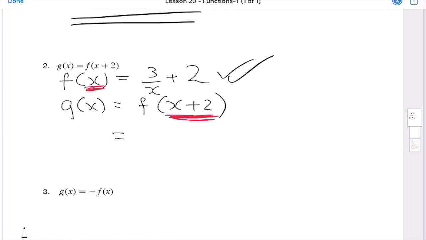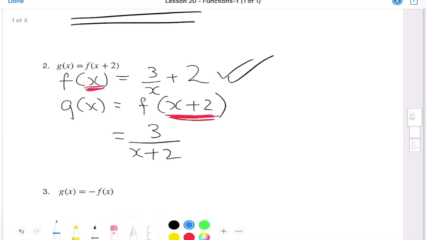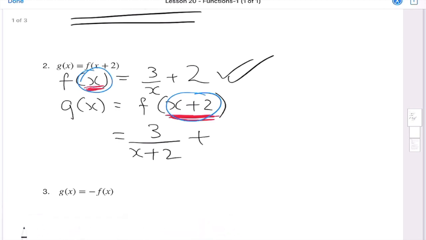So the new equation becomes 3 divided by, this time it can't just be x, now it's x plus 2, because x has been replaced with x plus 2. The plus 2 will remain there. So this is the new equation.